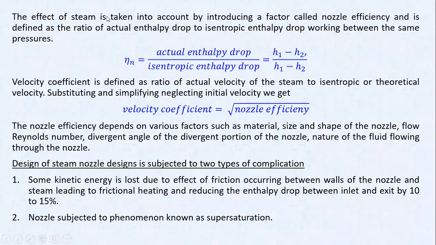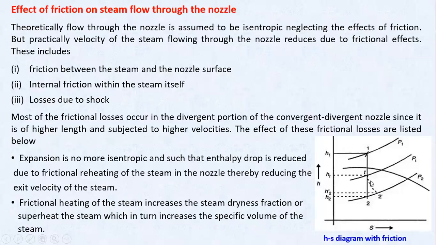Now, this effect of friction is taken into account in the nozzle efficiency, which is equal to the actual enthalpy drop by the isentropic enthalpy drop. Here, H1 to H2 is the isentropic enthalpy drop, and H1 to H2 dash is the actual enthalpy drop.